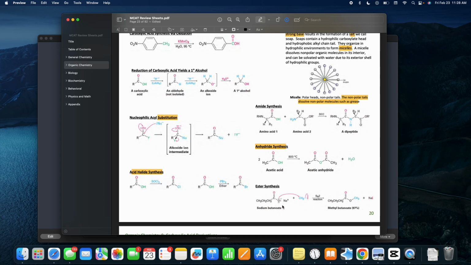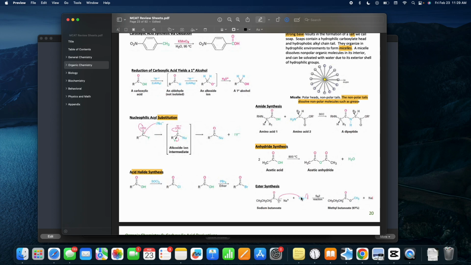The -oate part is the fact that it doesn't have the H anymore. It's just an ion. So you have it with Na plus, and this is an O minus. It attacks the carbon here with the CH3I, and the I reacts also with Na plus, so it gives NaI, and you get this through an SN2 reaction.